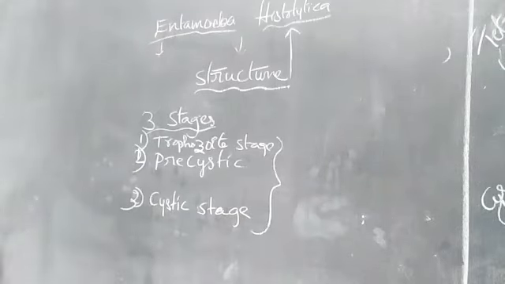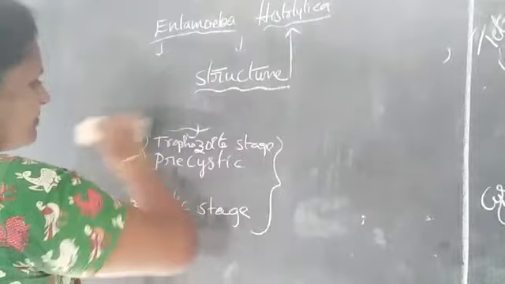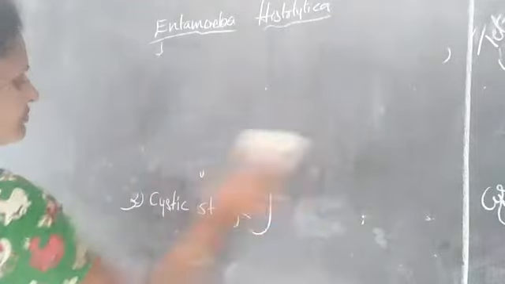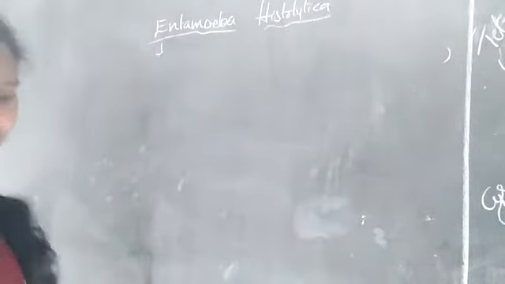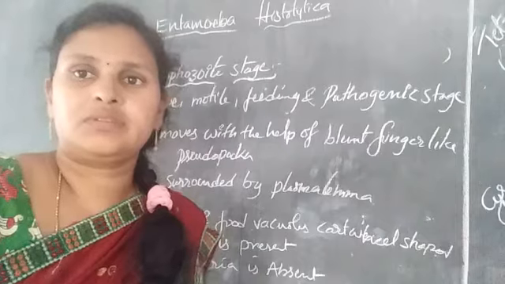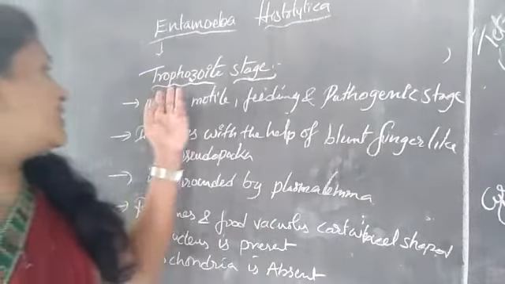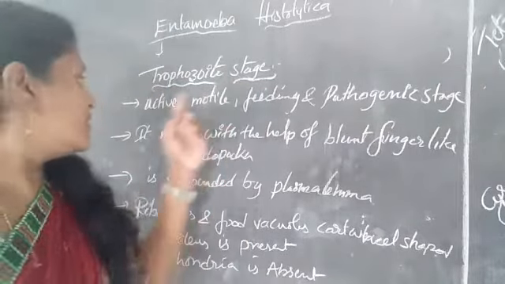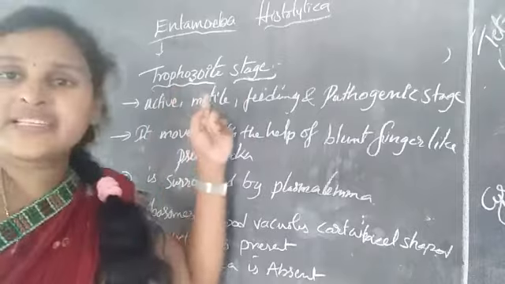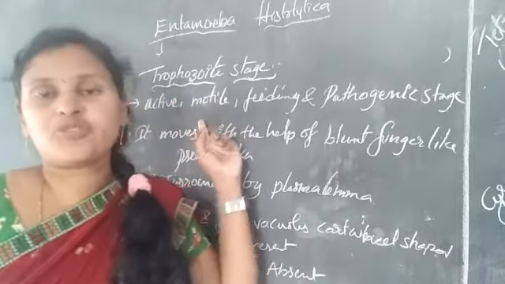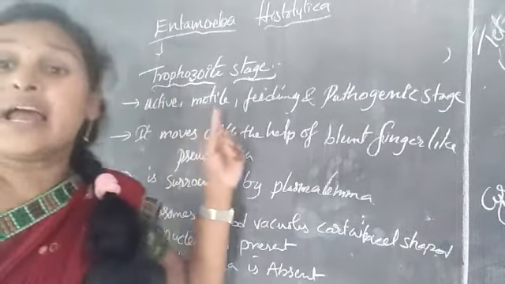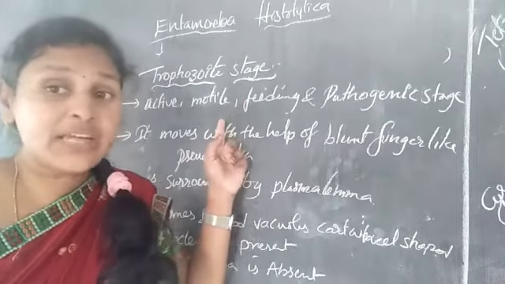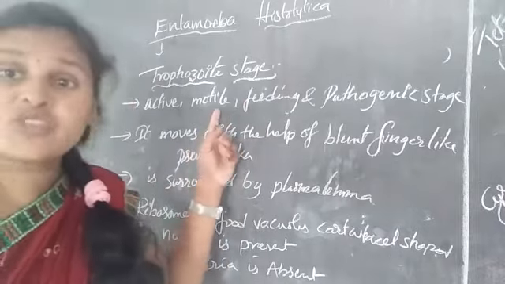Now discussing the trophozoite stage. The trophozoite stage is an active stage and motile. What is motile? It is moving from one place to another place.